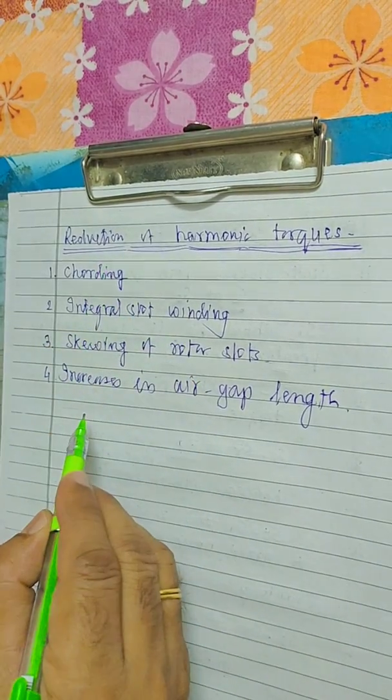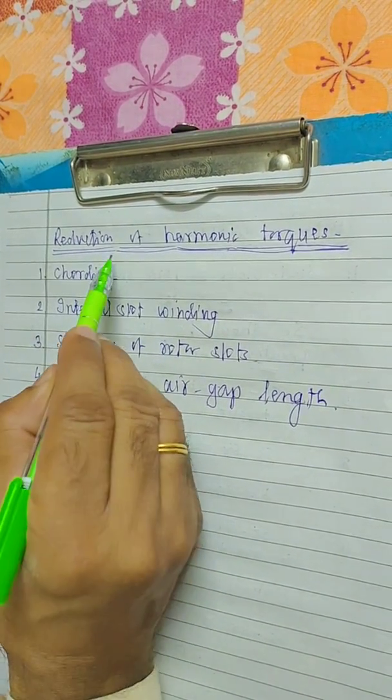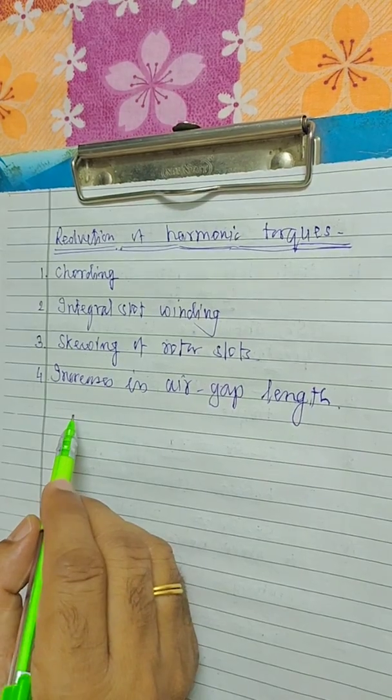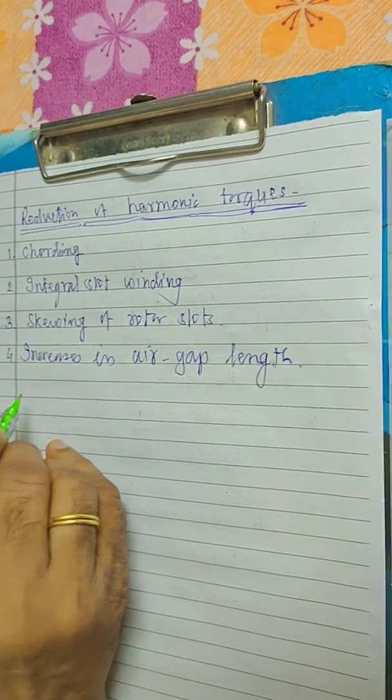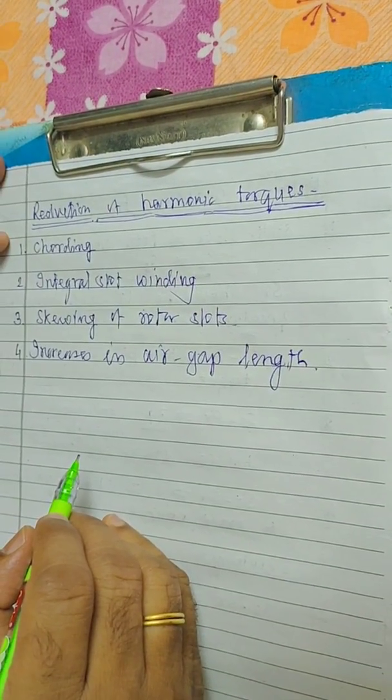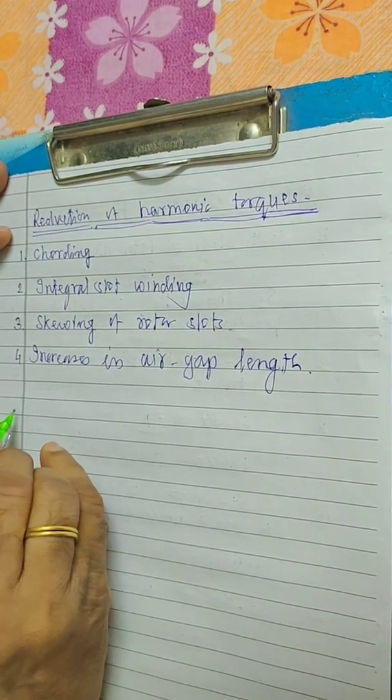Using these 4 methods, we can reduce the harmonic torque developed. Now considering the above 4 methods one by one.